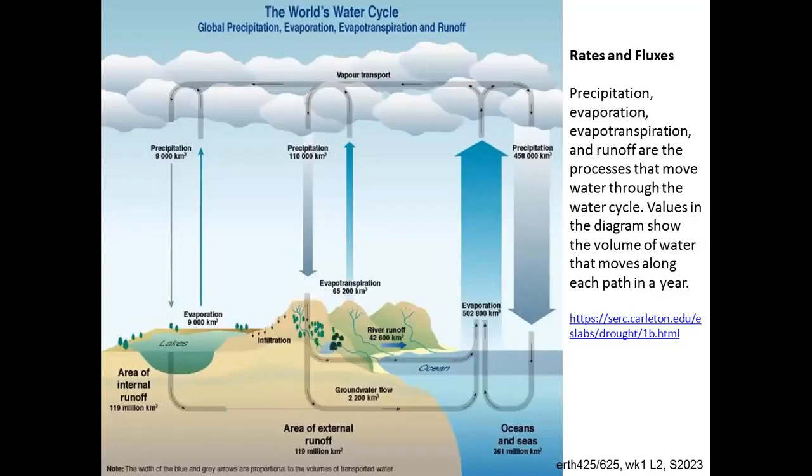This is another view of the water cycle. And what you're seeing in this diagram now, the arrows are scaled in their size by the flux, the amount of water that moves. And you can see that there's quite a wide range of values, which happen to be given in cubic kilometers.